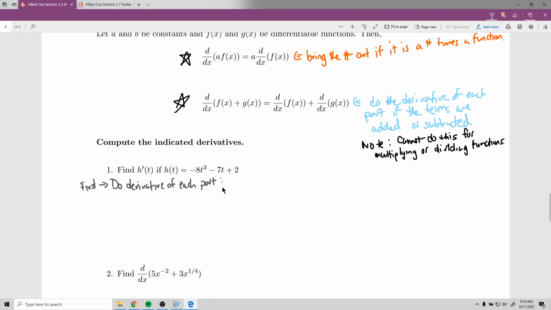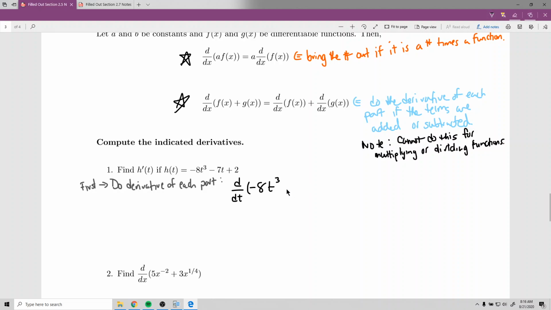Right? And you can do it in line, or you can do it on the side. Like you can do negative 8t cubed and negative 7t and 2 separately. What I like to do is I like to do them in line, but I like to indicate doing the derivative of each part. So here our variable is t. What it's going to look like, the derivative of our function.